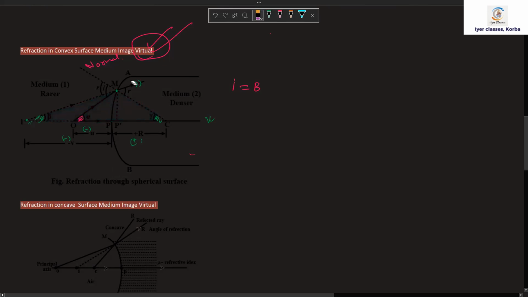Tell me which triangle I'm going to consider for small i. This angle, so it will be MOP dash. Fine.